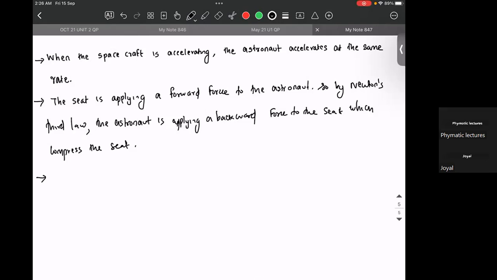What is the effect? Force is equal to mass times acceleration, correct? So when mass decreases, the acceleration automatically increases because it is now less heavy. So the force between the seat and the astronaut increases. As a result, by Newton's third law, further compression happens.